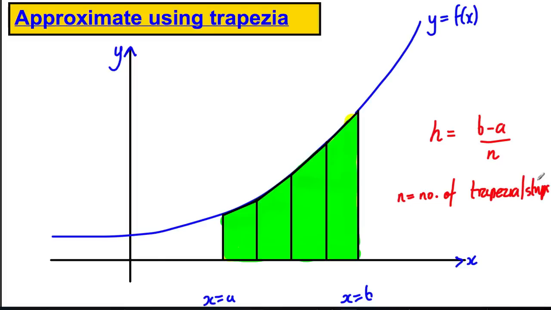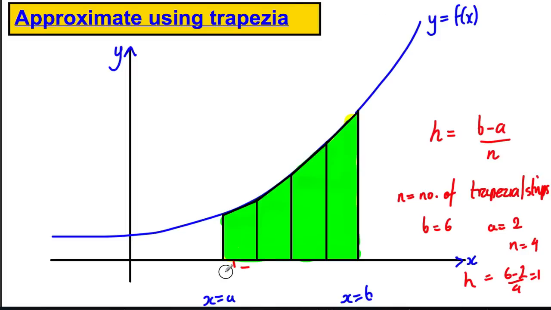What we would do is divide this width, b minus a, into that number of strips, so it would tell us how wide each one would have to be. So for example, say b was equal to 6 and a was equal to 2, and we wanted n equal to 4. Our h, this distance here, would be equal to 6 take away 2 over 4, which would be 1. So each of these widths would be 1.